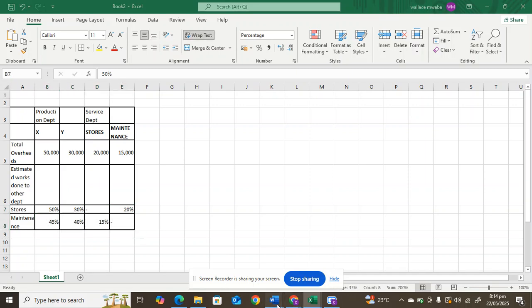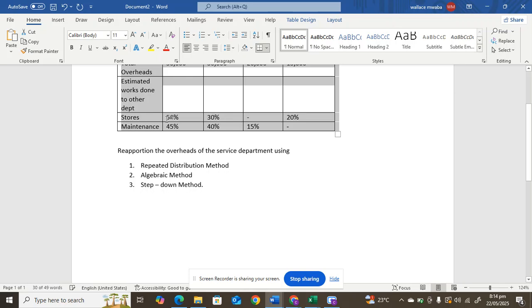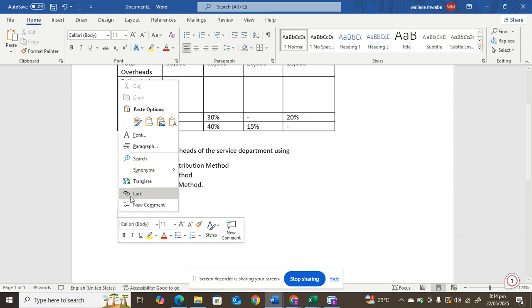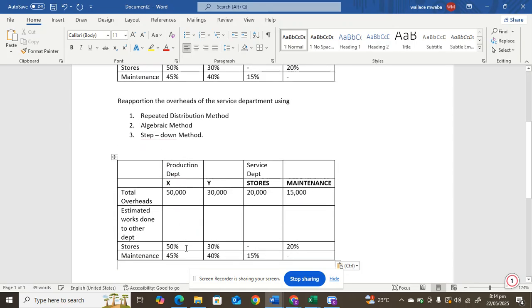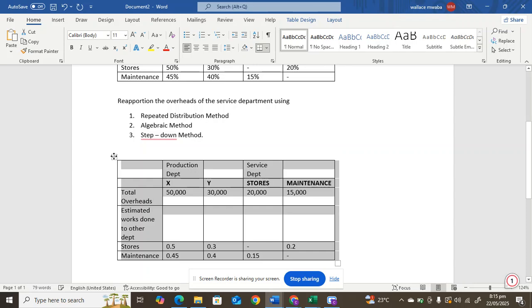We just convert them here in advance. 0.5, 30%, 0.3, 0.2, 0.45, 0.4, and 0.15. Okay, now we can take this to Excel, then we can do the repeated distribution method.